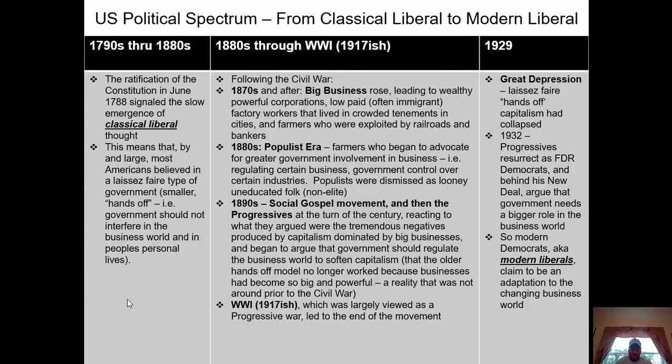The second bullet means that by and large, most Americans, government and non-governmental, your common average citizen, believed in a laissez-faire type of government, smaller, hands-off.